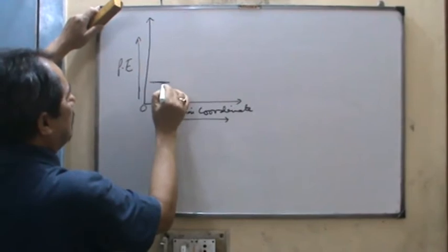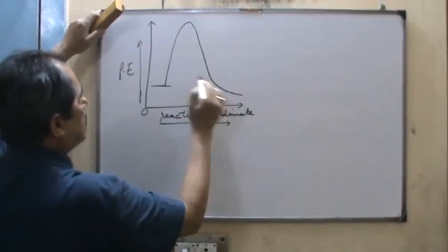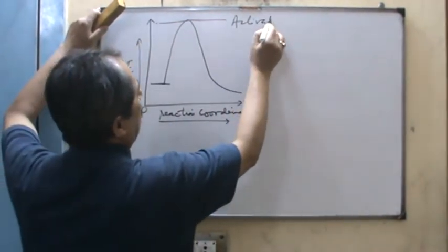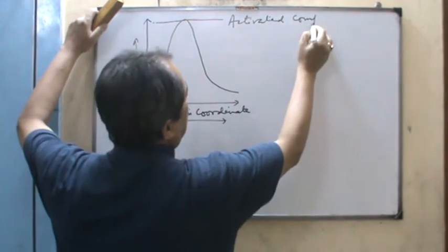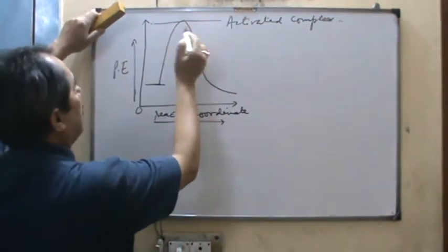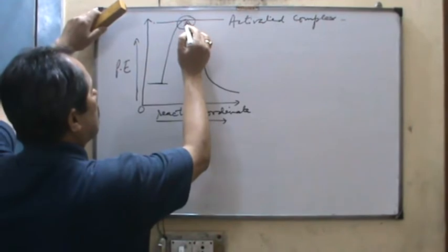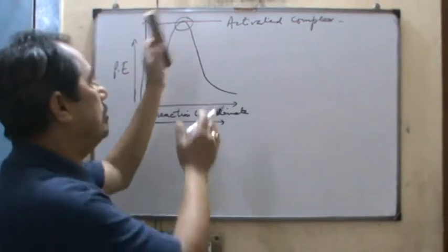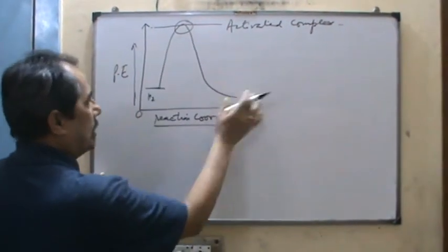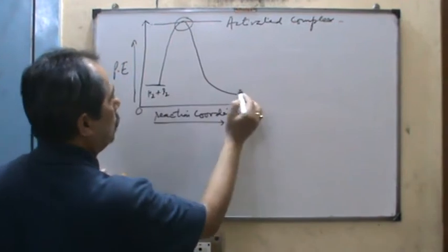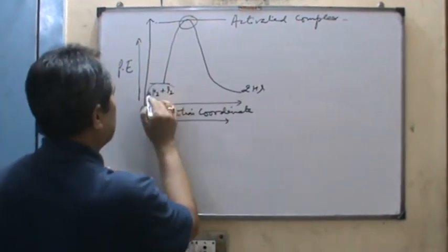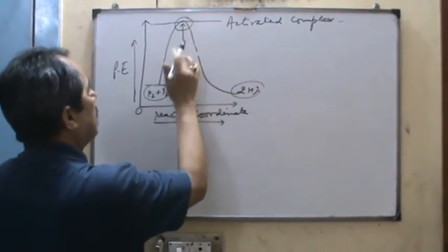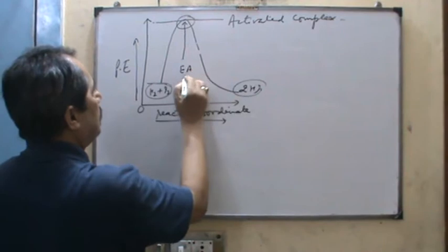Then this is the reactant, then the activated complex, where the maximum energy is attained and equilibrium is attained, and then products are formed, H2 plus I2 gives 2HI. This is the reactant, this is the product, and this area is the activation energy.